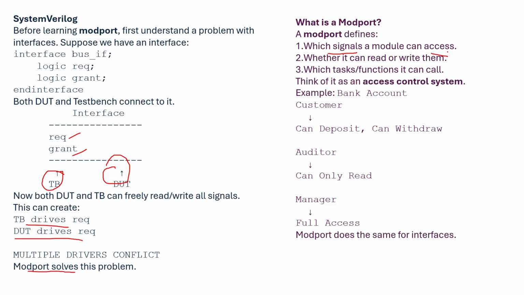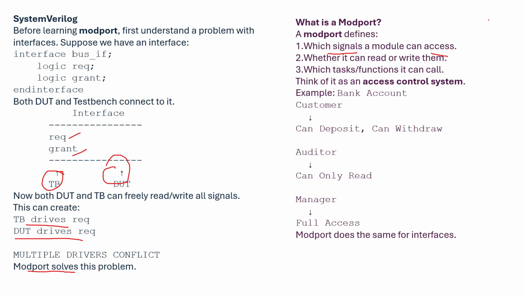That's basically like your bank account. In your bank account, the customer can deposit and withdraw money, and the auditor can only read the data. Whatever data we have, they can see only. The cashier tells you that this much amount is in your account, and if you want to send, then we will send it.